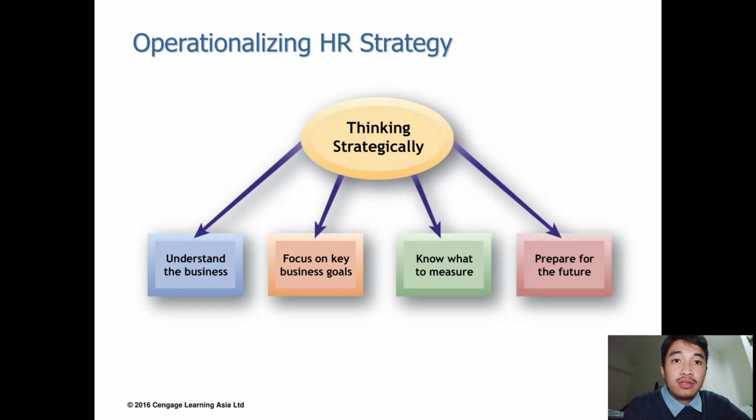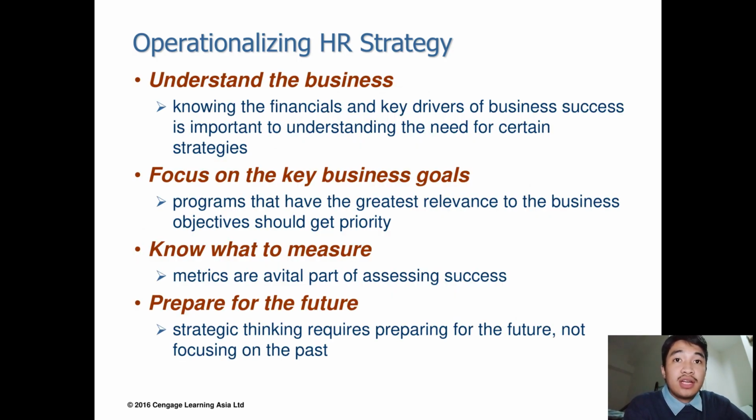If you're in sales, you do need to measure how many sales you make in a day, a week, a month, and then preparing for the future, like training your employees, upskilling them, eventually promoting them. And this is going to be the operationalizing of the HR strategy.